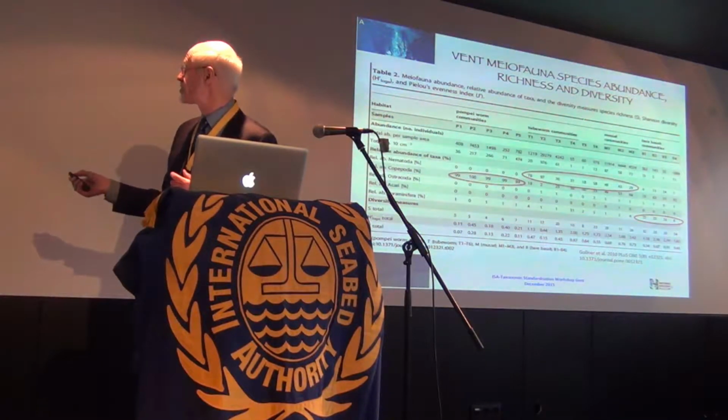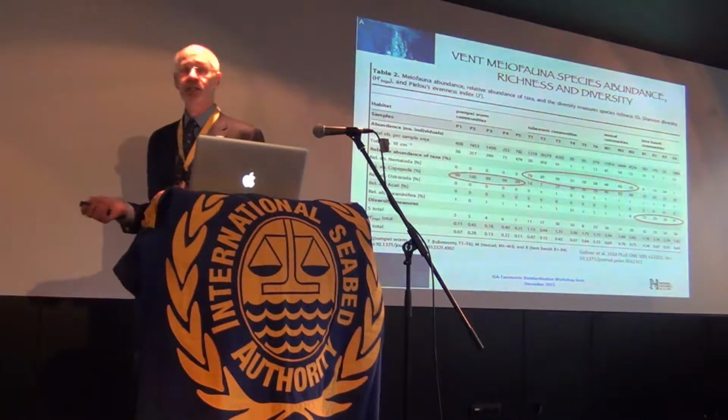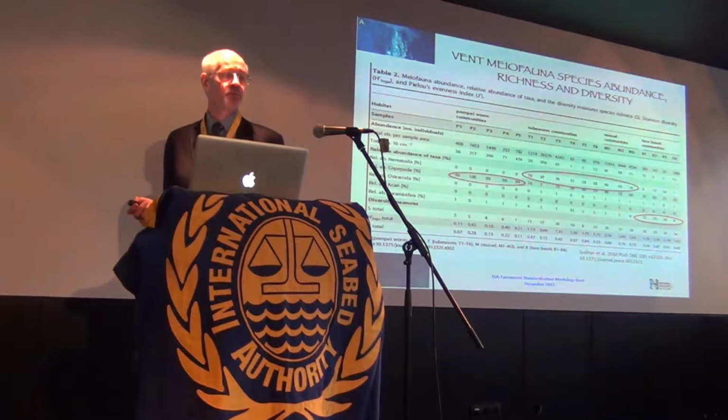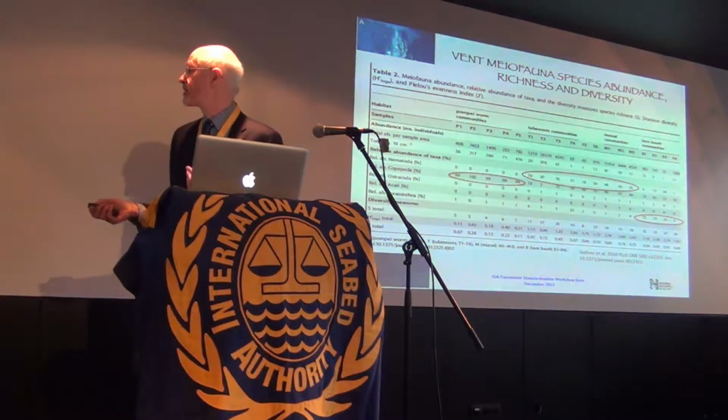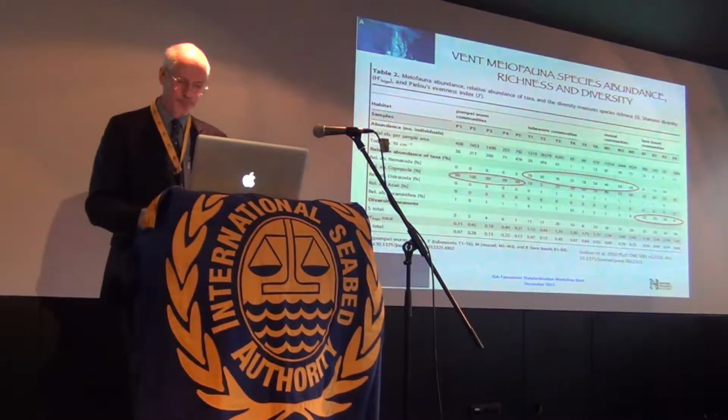When you move on to the bare basalt areas away from the vent, areas potentially the first that people will look at for massive sulfide deposits, you find that the foraminifera are very common.